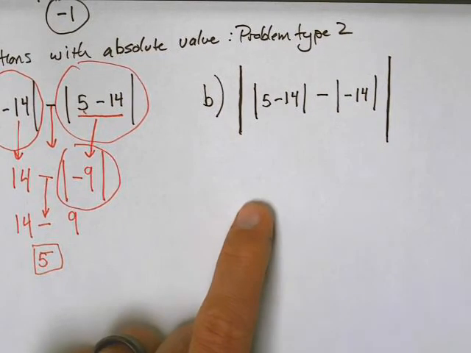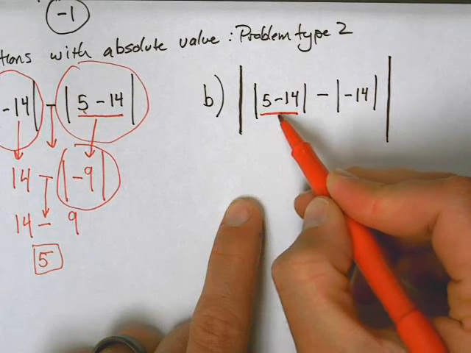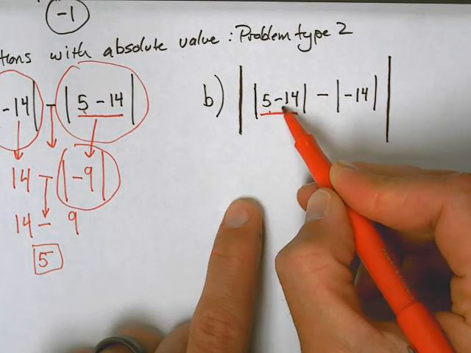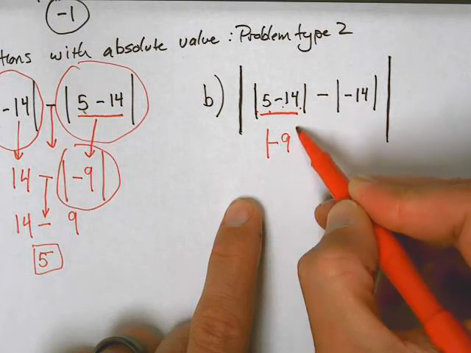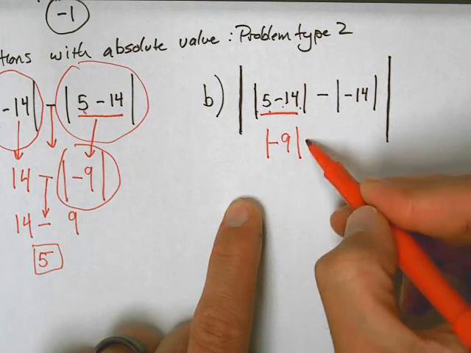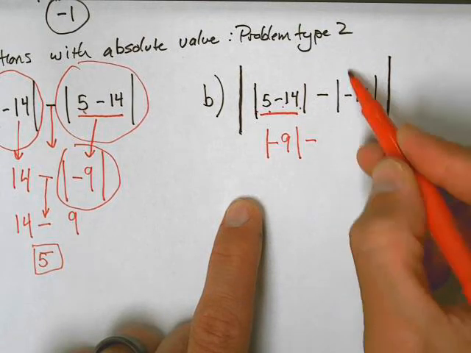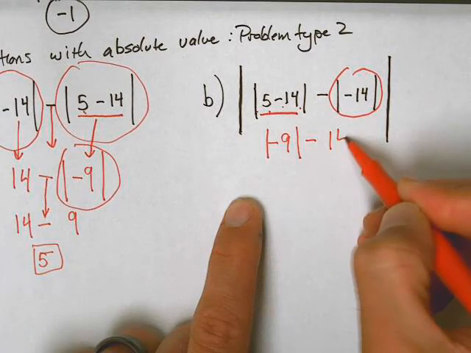So what I would do again is focus on the inside of this first absolute value and just subtract 5 minus 14, that'd be negative 9. That's still inside of its own little absolute value signs here. Then I have minus the absolute value of negative 14. The value of this absolute value is positive 14.